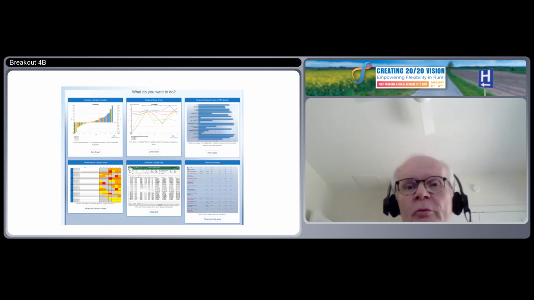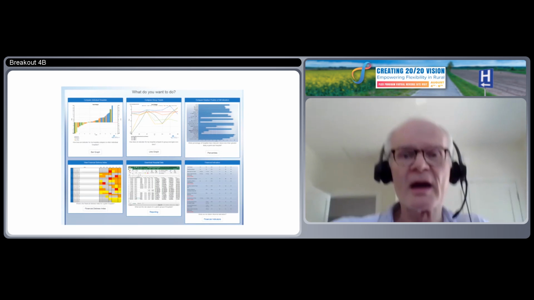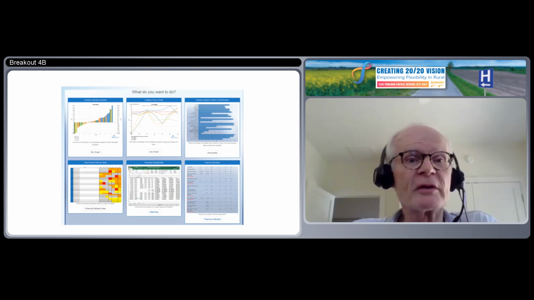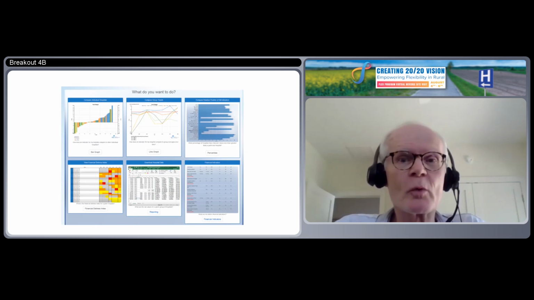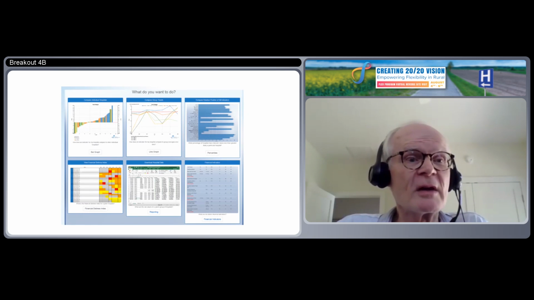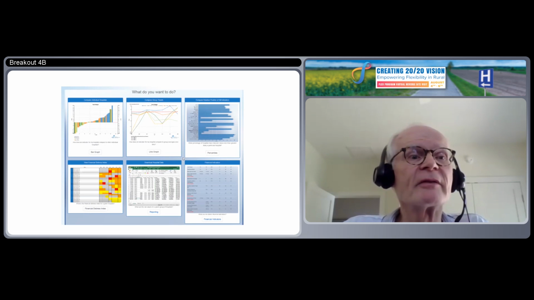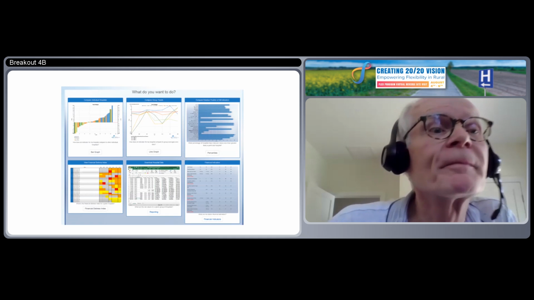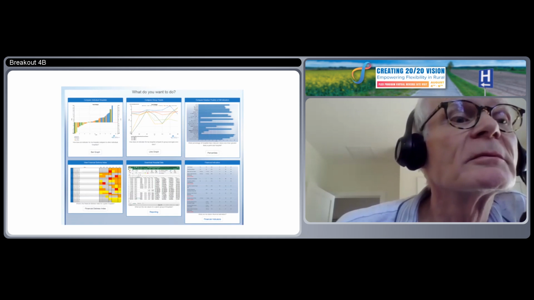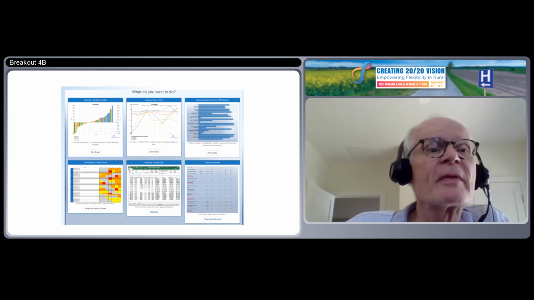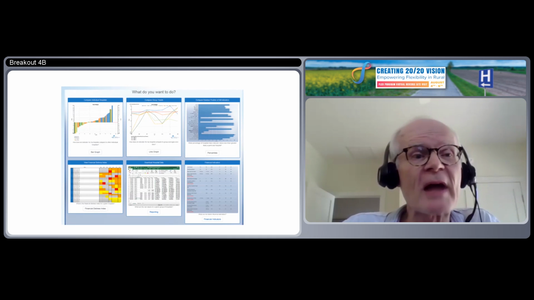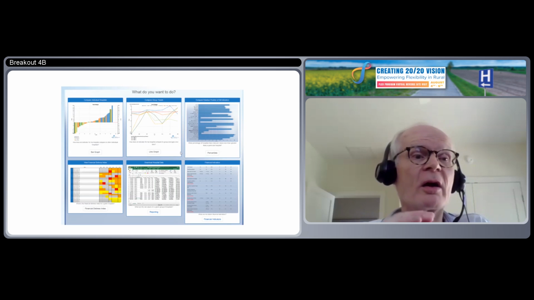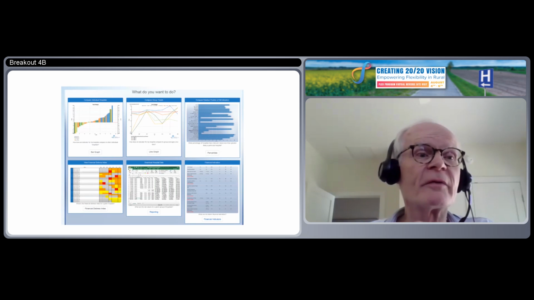Okay, so this is the menu page. This is where you, as state flex coordinators, can decide what kinds of information, what kind of decisions, what kind of problem you want to analyze. In the top left-hand corner are the bar charts. These charts allow you to graph all of the data for particular indicators, hospital by hospital.